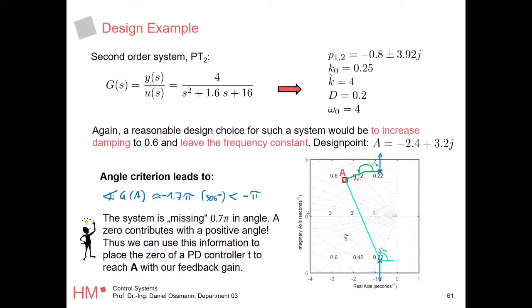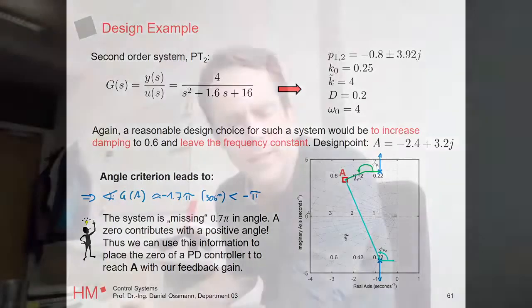We clearly cannot reach A by simple proportional feedback. This is confirmed here by the angle criterion. But still, this is what I try to emphasize: the angle criterion basically is a yes or no. No, it's not on our root locus curve, but we can use the angle criterion a little bit more.